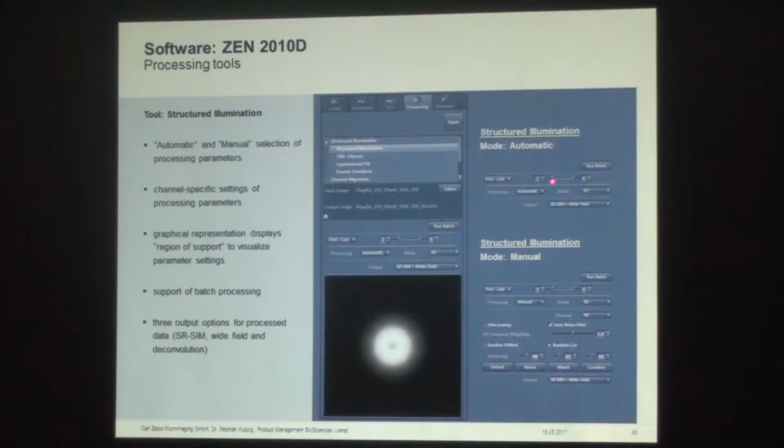But the program does give you 2 options: one is an automatic structural elimination calculation and the other is a manual structural elimination calculation. So you can do the whole thing manually in case you have a complex sample.